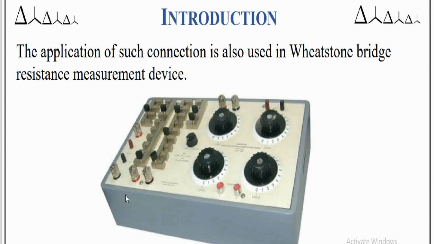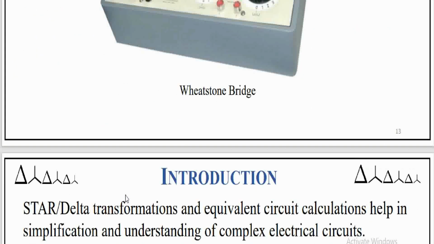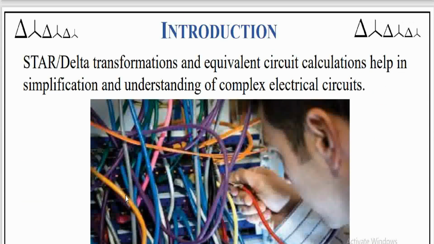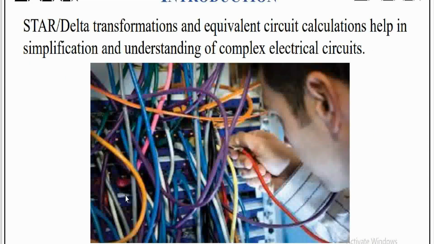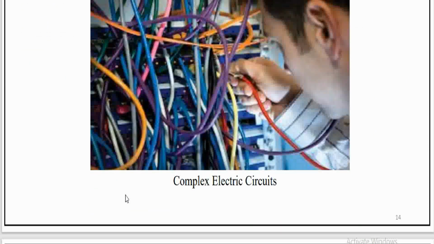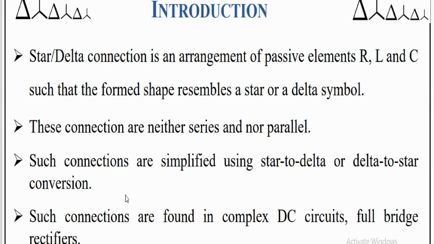It is also used in the Wheatstone bridge resistance measurement device. Star delta transformations and equivalent circuit calculations help in simplification and understanding of complex electrical circuits.